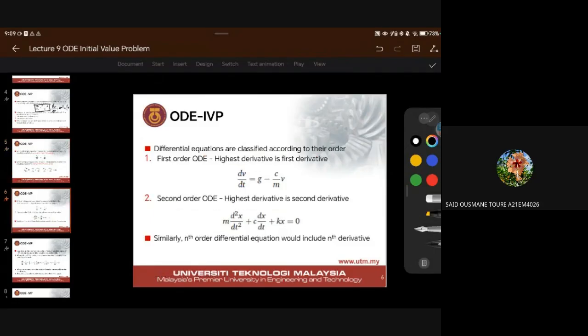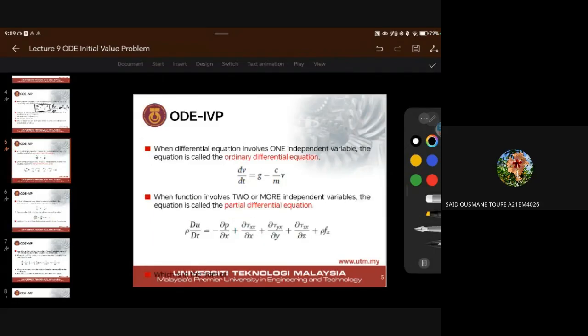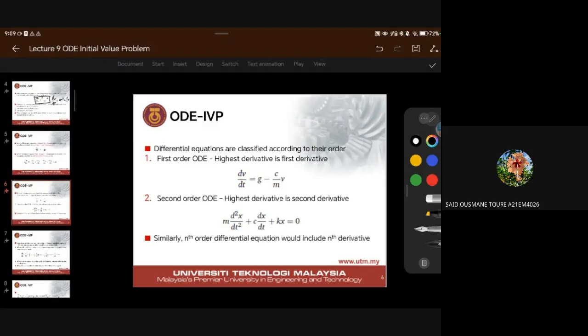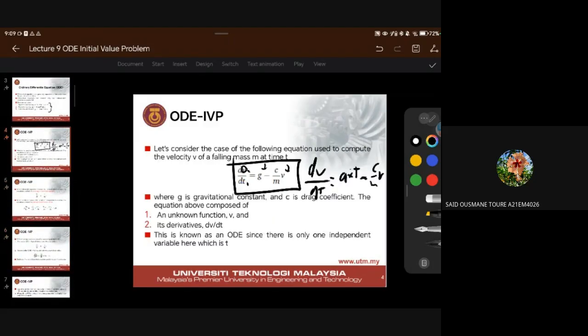Muhammad Faris, yes, go ahead. Why is it a times t and not g? No. This is just a very basic example. What I mean by this is that, for example, dg over dx is not only equal to ag plus b.